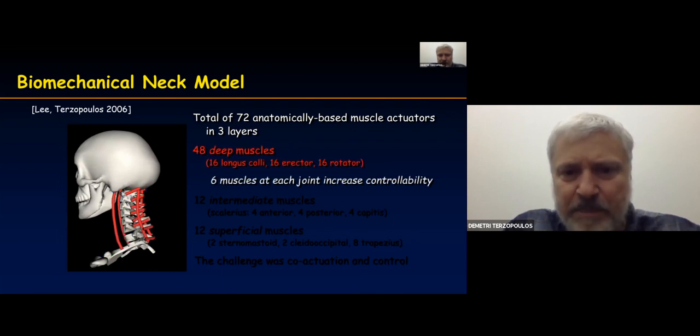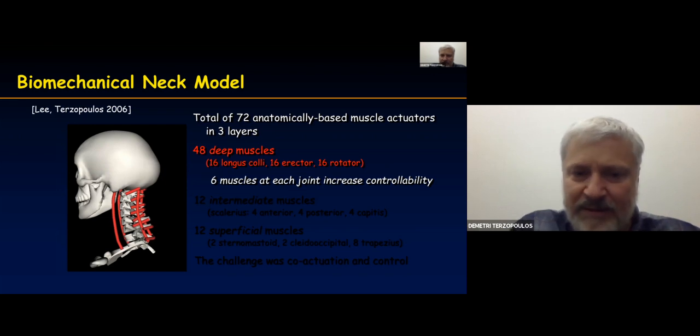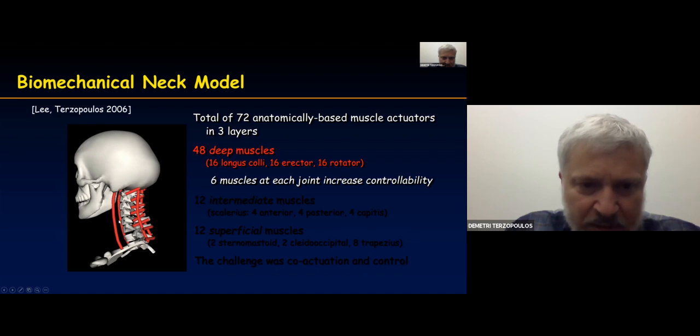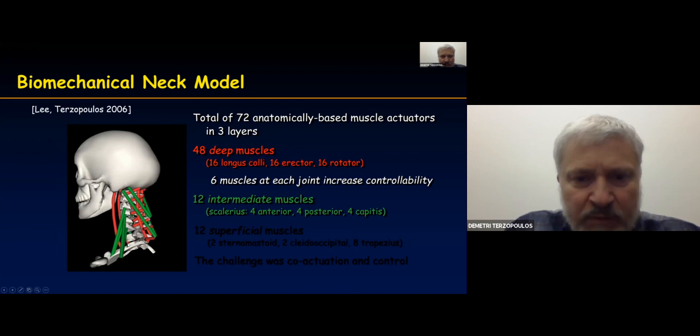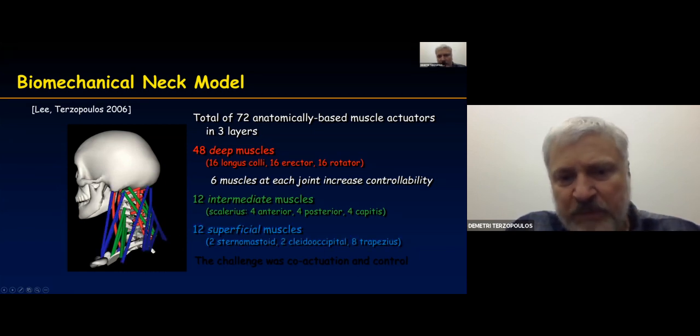You've got the deep muscles, which are 48 short, deep muscles close to the vertebra that hold them together, and these longer muscles here are linear or a series combination of Hill actuators. Then the 12 longer intermediate muscles, and then 12 more superficial muscles on the outside, which are essentially going from the shoulders up to the base of the skull.